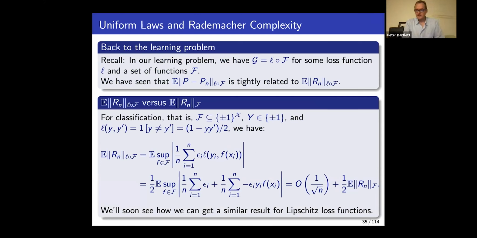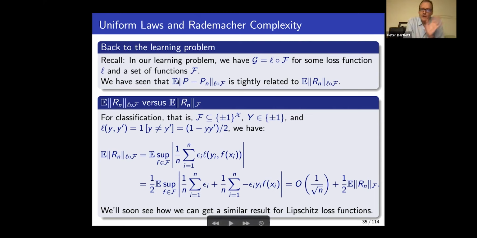All right, so let's go back to the learning problem. We've been talking about these abstract classes G and the inputs Z, but in our learning problem, G is the loss class composed with the function class. The loss function, I'm sorry, composed with the function class. So it's the loss incurred by different prediction rules in our class F. And Z is the set of X, Y pairs.